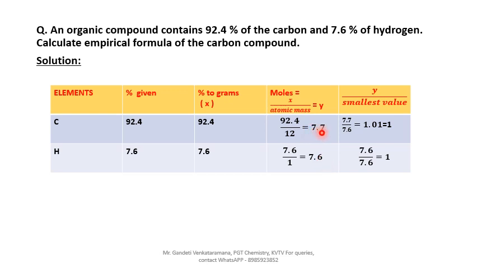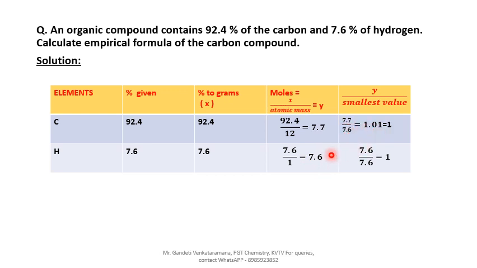Next, what is the next step? 7.7 and 7.6, both are very close values. Take the least value, which is 7.6. Now divide each value by that smallest value, 7.6. Take the value 7.7 divided by the smallest value 7.6, you will get 1.01.